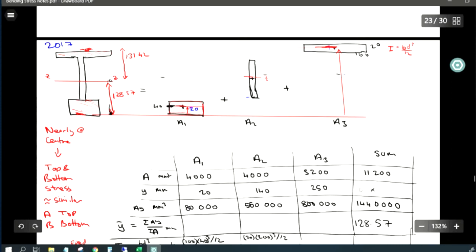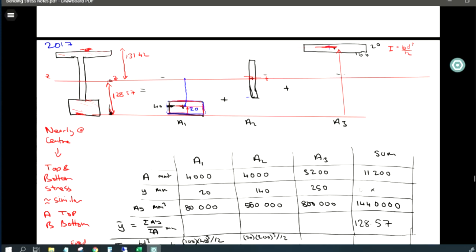So if we have our line coming across, okay, basically the I value of, let's say, the first one here, about its own center is relatively small, but the I value about this point here is going to be bigger, and it's going to be its own I value plus the area times that distance squared.